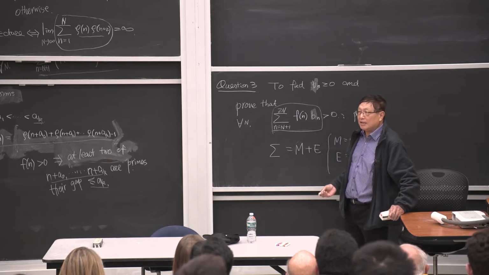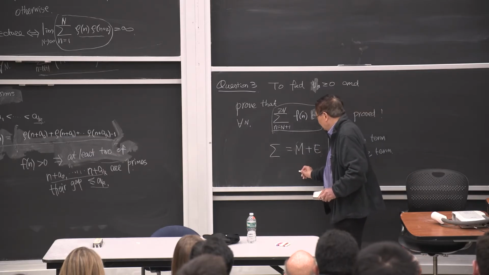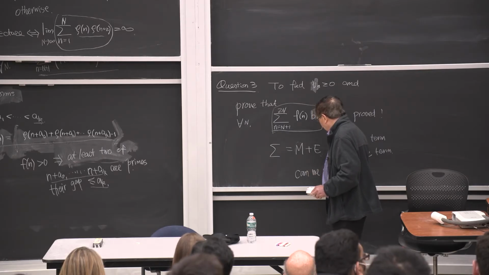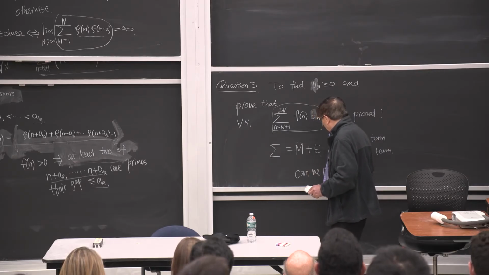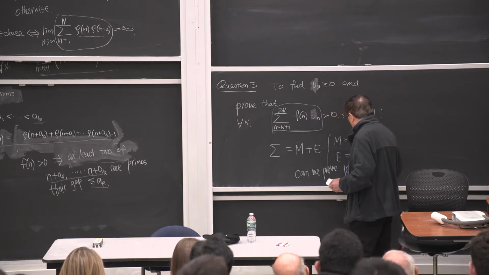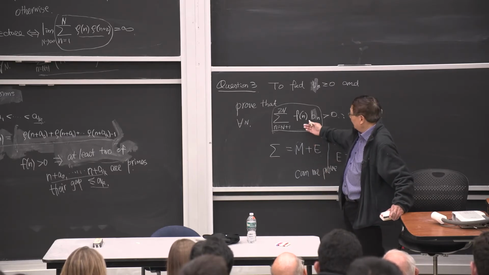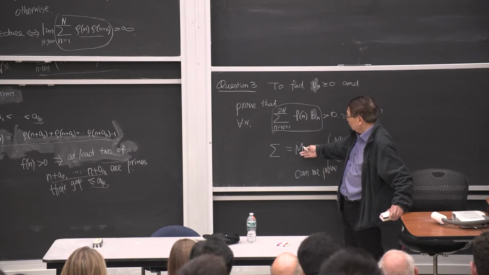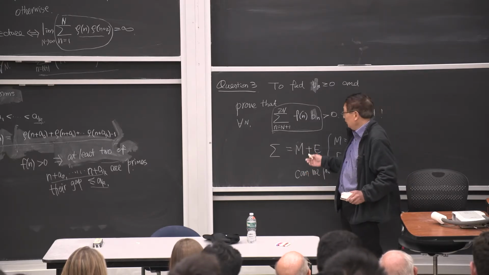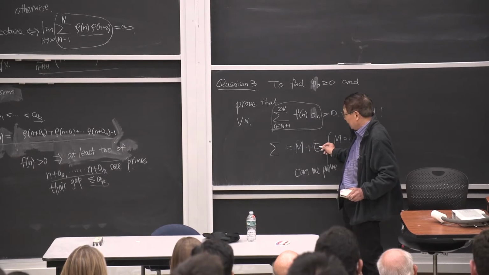But now the question is, can we prove it? So I say we evaluated this sum, we find it is equal to M. M usually should be a positive value. So if it is equal to the main term, we ignore the error term.